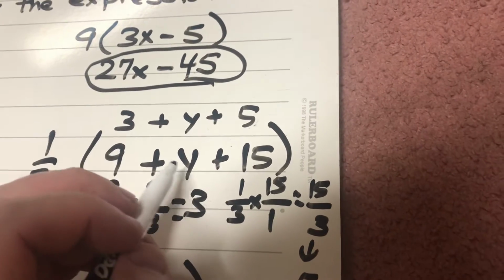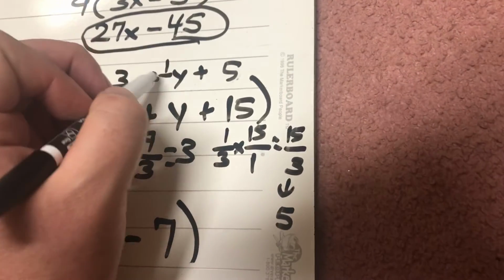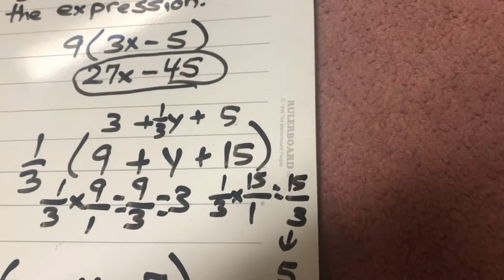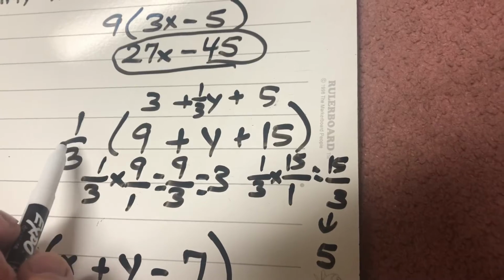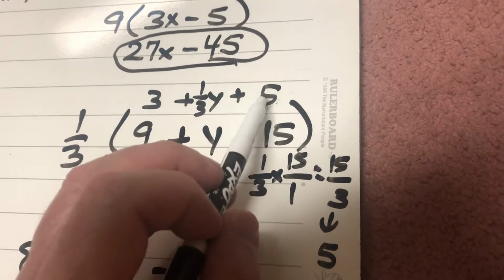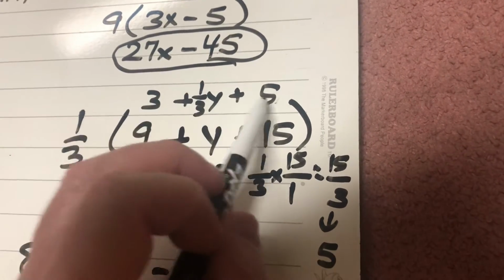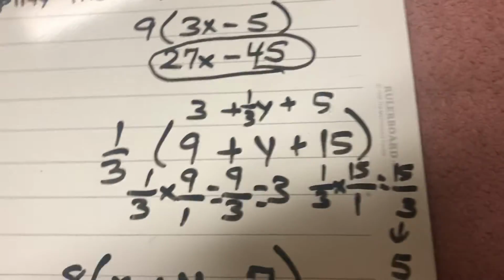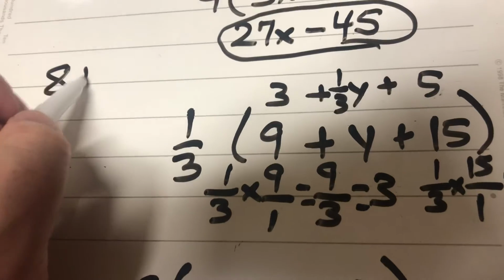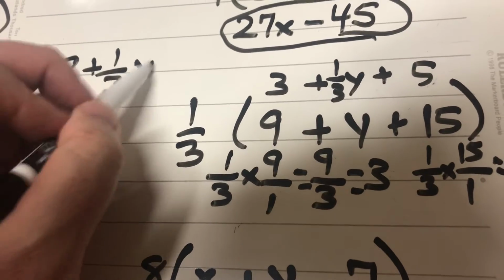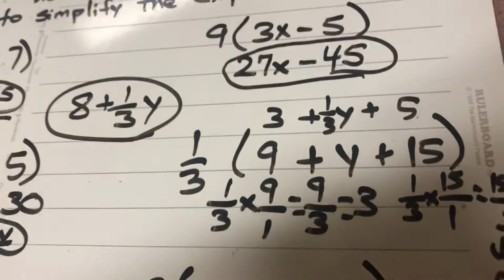The 1/3 times y is 1/3 y. I don't want to forget that. 1/3 times 15 was 5. I can combine the 3 and the 5, and that gives me 8. That means that for this one, I would end up with 8 plus 1/3 y, or 1/3 y plus 8.